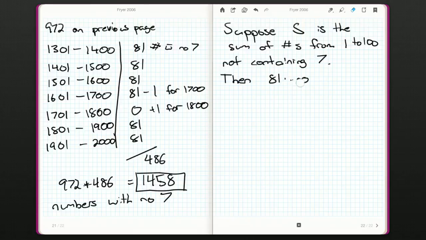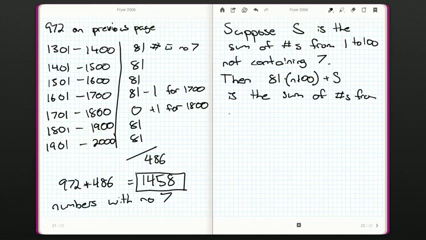Well, then 81 times n times 100 plus S is the sum of the numbers from (n minus 1) times 100 plus 1 to n times 100, not containing a 7, for the most part.